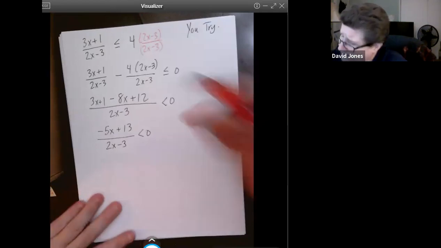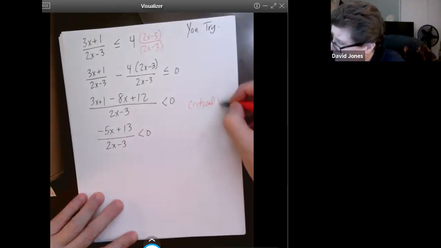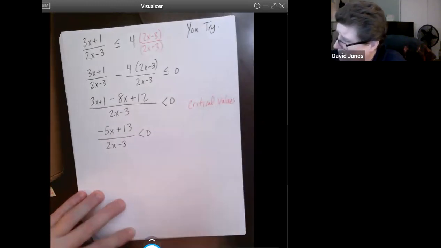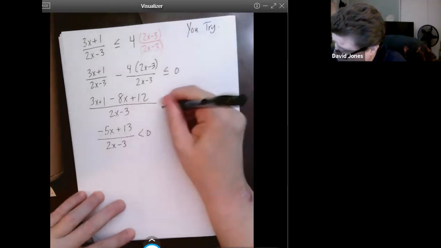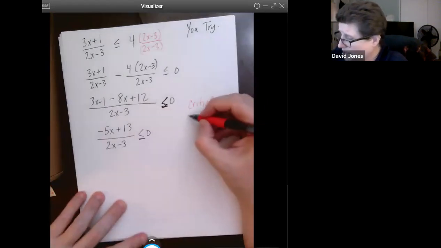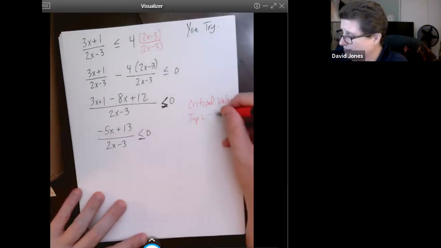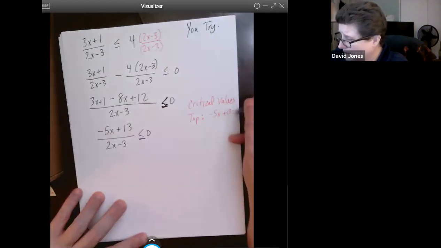So critical values. This is less than or equal to. I don't know why I dropped the equal portion. The top, negative 5x plus 13 equals 0, gets me x equals 13 over 5.